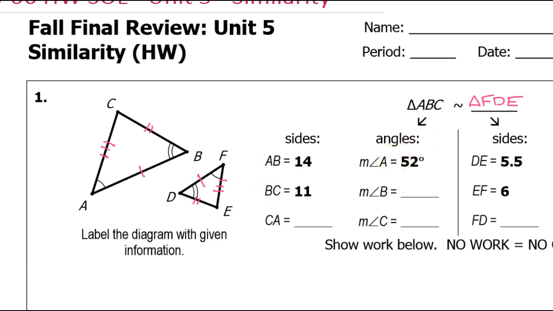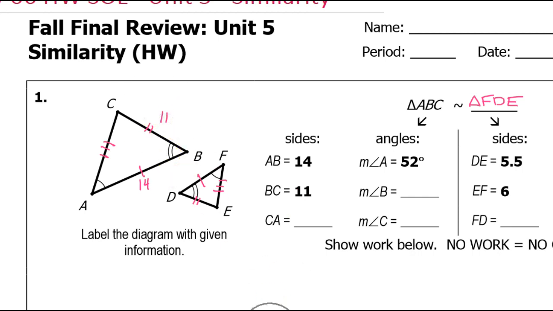So let's do the sides first. We know that AB is 14, so this is 14, and we know that BC is 11, so this is 11.